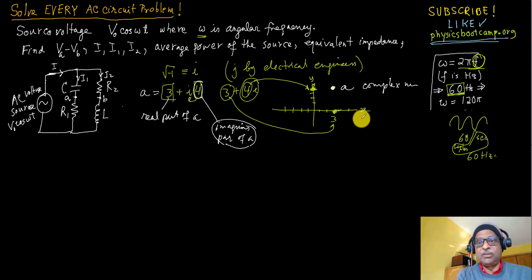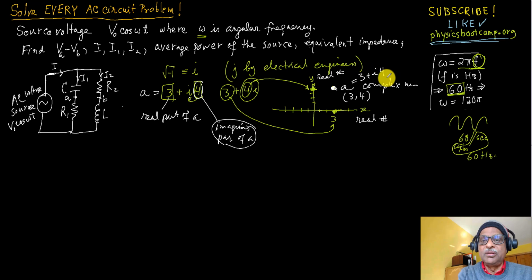These are real numbers, and this is also a real number, but this point is representing two numbers, 3 and 4. So to get the number, A itself is 3 plus i times 4. Some people like 4i, but I prefer that way. It helps me keep track of things.